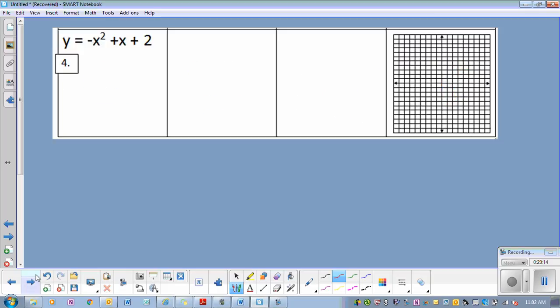Alright, let's look at the next one. Ooh, the next one is a standard form. No need to fear, because how can I get the graph? Calculator! Put it in the calculator!